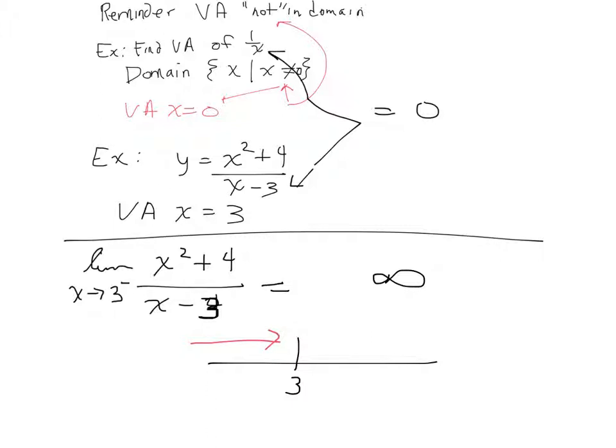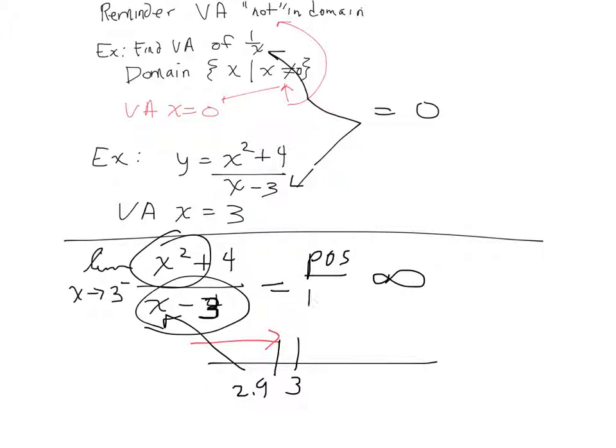That means as I'm getting close, I'm picking values down here, like say maybe 2.9. That's pretty close. If I plug that in, then this bottom becomes negative. So a lot of times you'll see me write this, well, who cares what you plug in there? That's going to be positive, that's going to be negative, and thus my answer is going to be negative infinity.